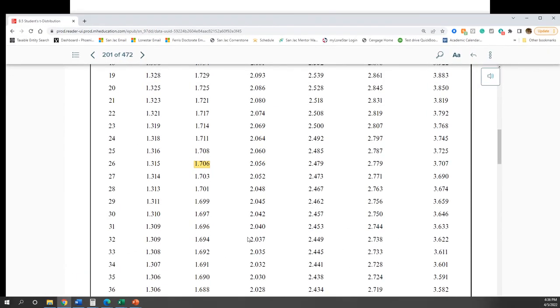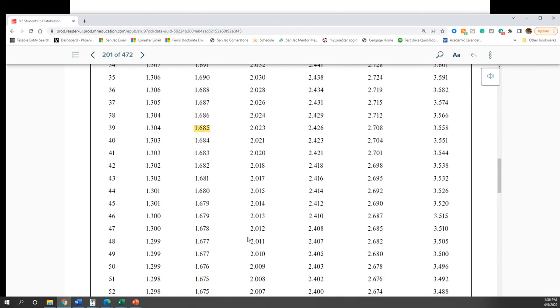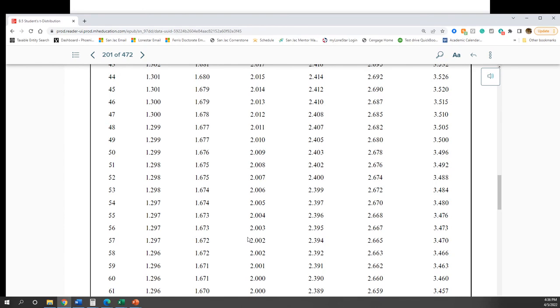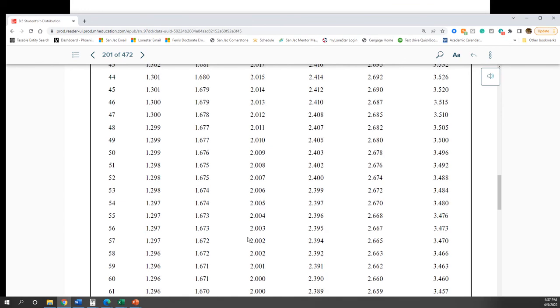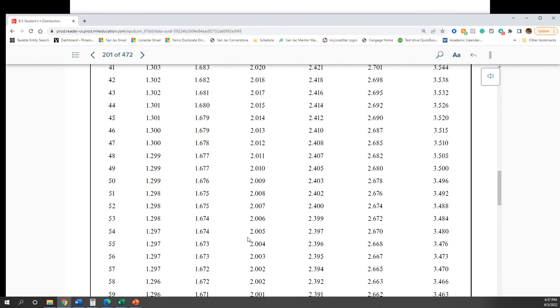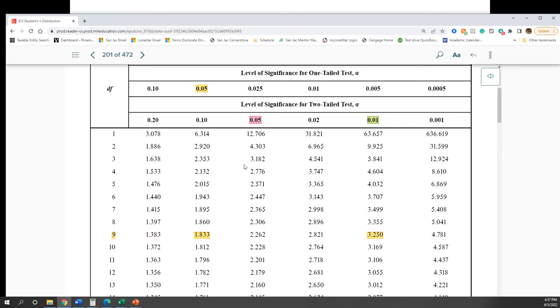Now, we need to know degrees of freedom here, which is going to end up being 3 for us.